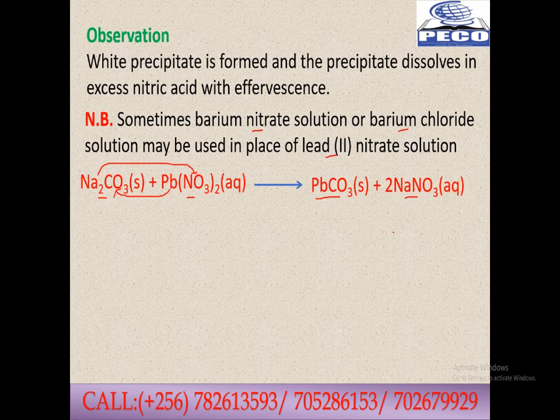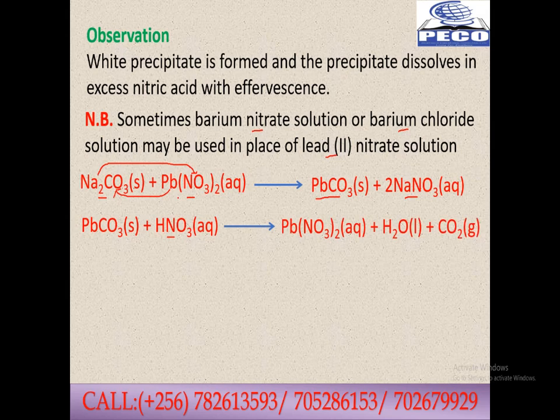But remember, we said we add nitric acid or excess nitric acid. On addition of nitric acid to the resultant products, the lead 2 carbonate formed is going to dissolve in the nitric acid, and we shall form the corresponding salt, which is lead 2 nitrate, water, and carbon dioxide.